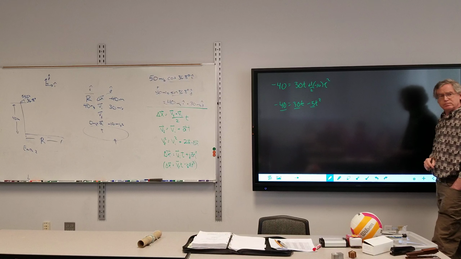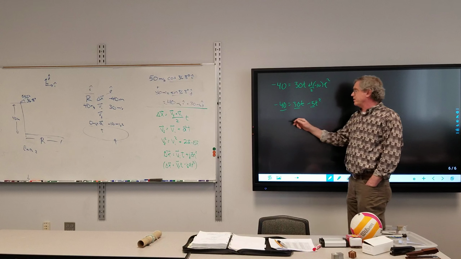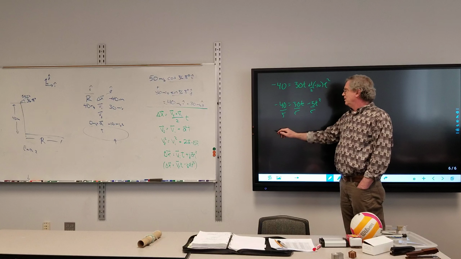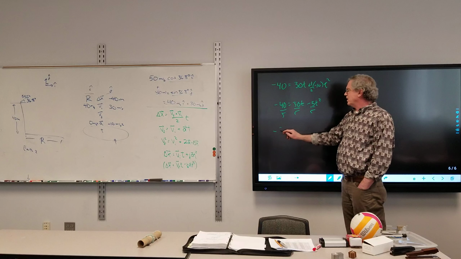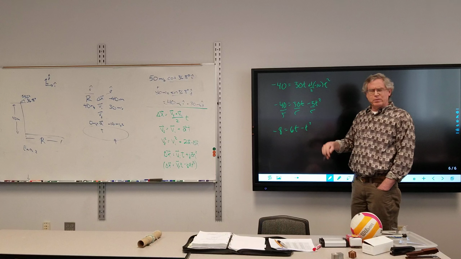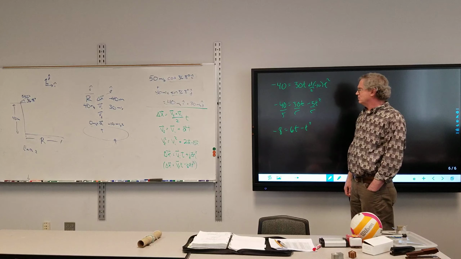There might be a problem because when we did it last time, we distributed a 5 out of everything. In this case, in fact, we can divide everything by 5. Should we try doing it without? Maybe that was where the error came from. Well, we should get negative 8 is equal to 6t minus t squared. Is that what we had last time? Yes. Okay, I'm still feeling good with that.